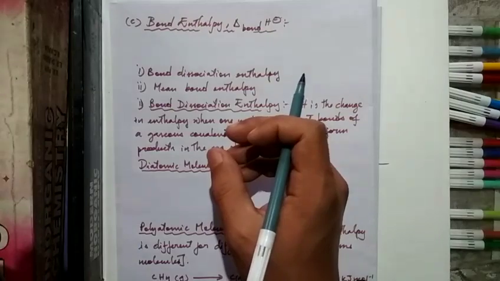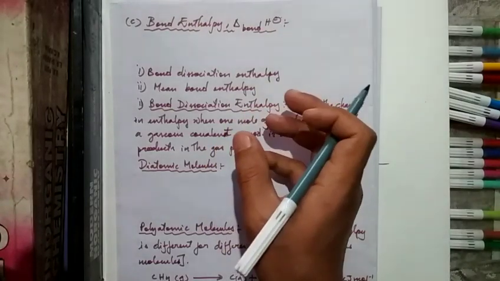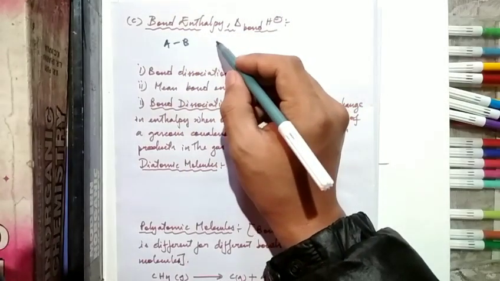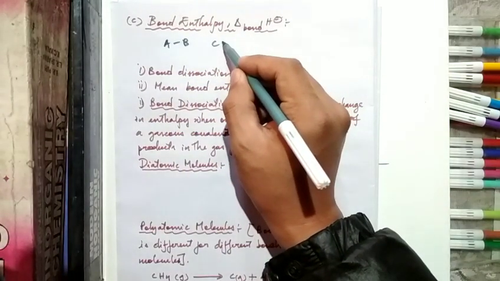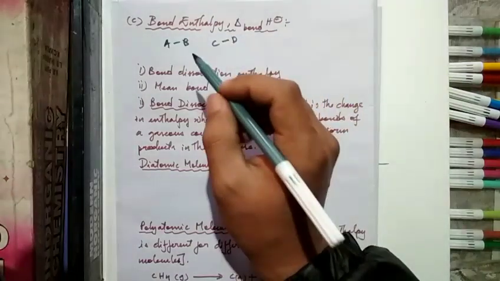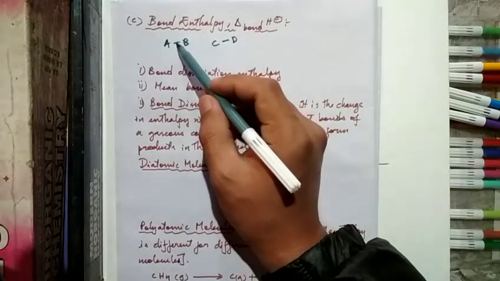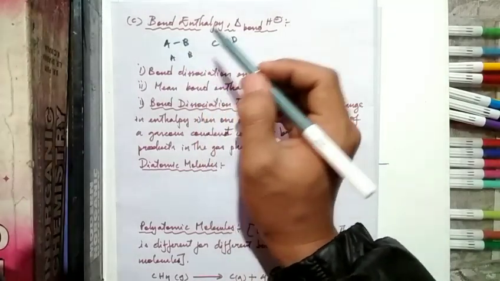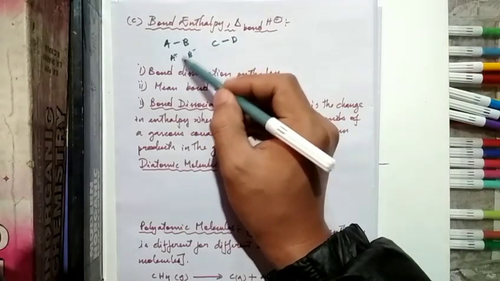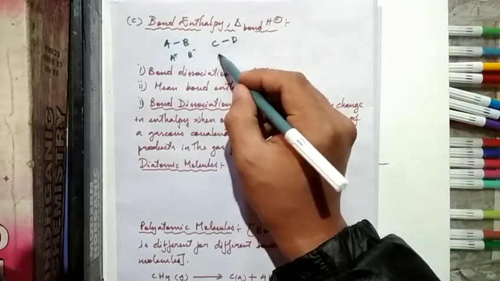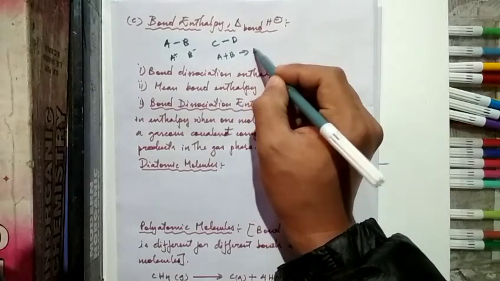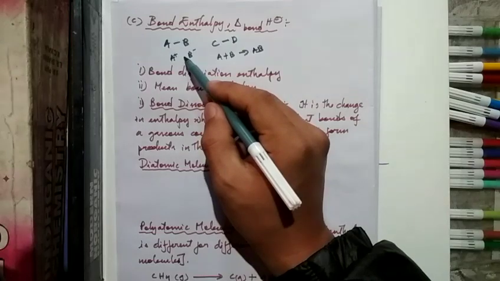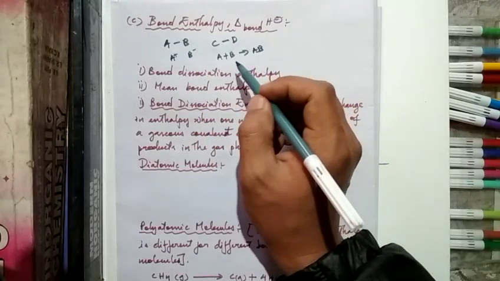So we know that in chemical reactions, a bond, let's say AB or CD, will break into individual ions, let's say A plus B minus, something like this, or A plus B gives AB. So in a chemical reaction bond will break or bond formation will take place.